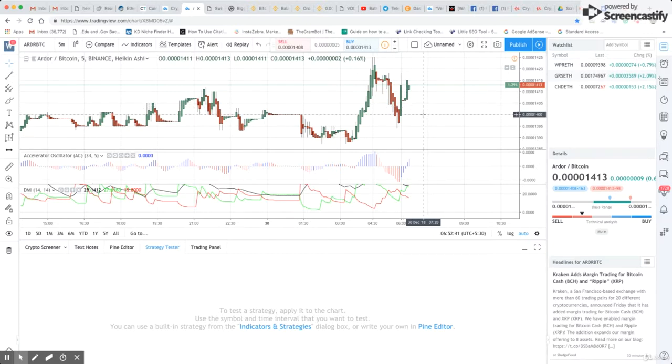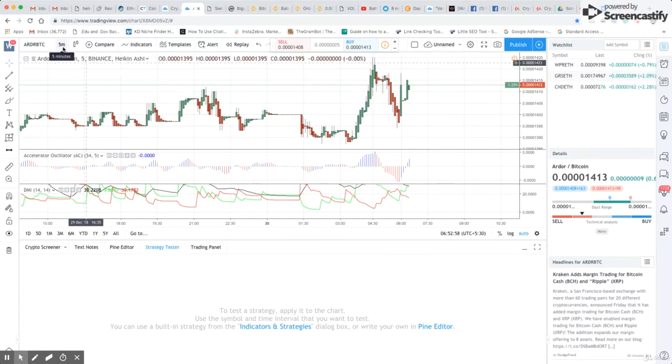This was just for demonstration purposes, how you are going to do the live trading on this short-term strategy, and especially on the 5-minute chart.